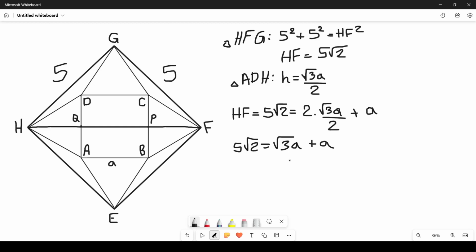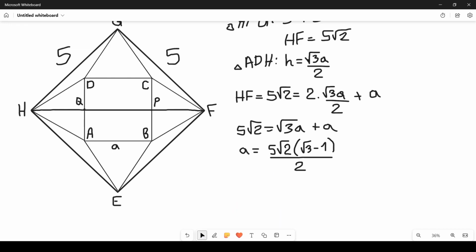And we can express a, and when we solve it, a is equal to 5 square root of 2 times square root of 3 minus 1 over 2. Which is interesting. It's not a very pretty number, however, now we can find the area of ABCD.